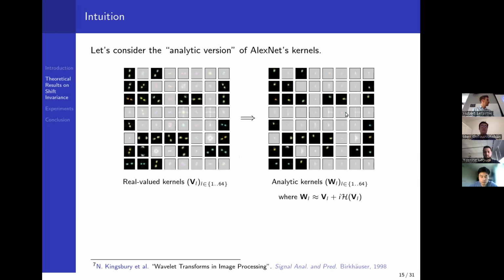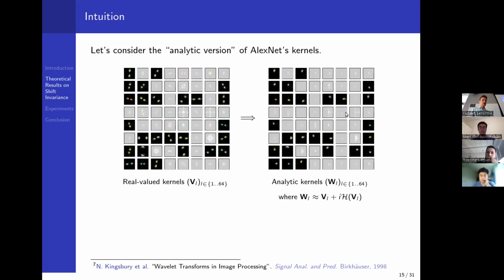So here we get complex valued filters with high frequency resolution. And this is interesting because, unlike real valued kernels, such filters are well known to produce stable signal representations. It's stable when we compute the modulus of output feature maps, and in particular shift invariance.